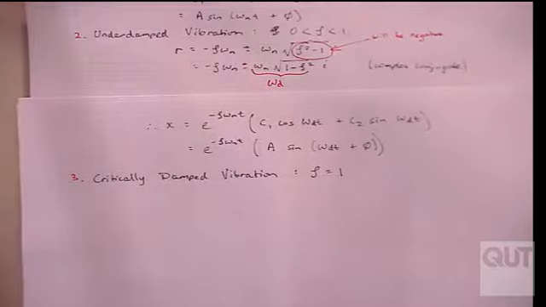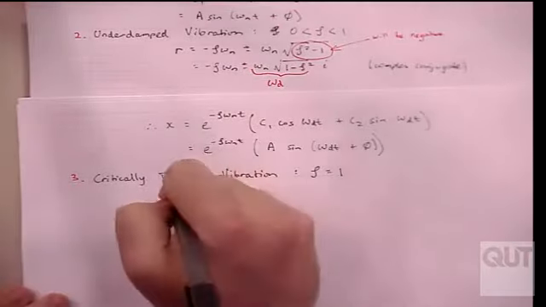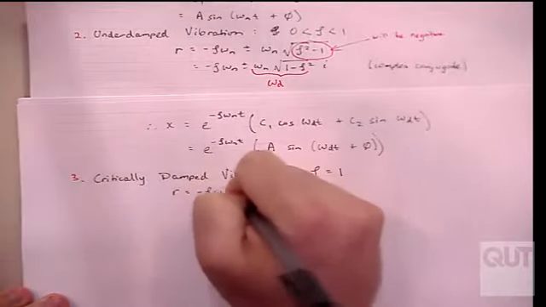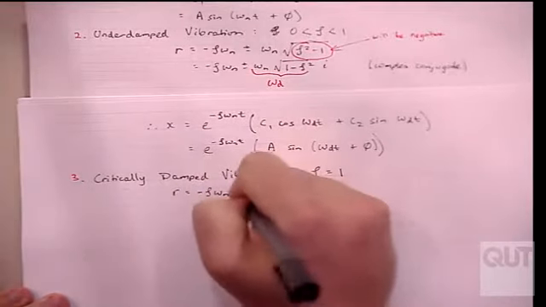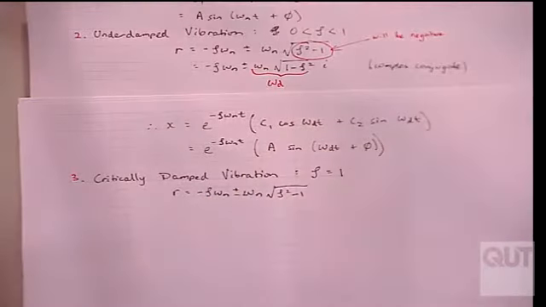So once again, we'll refer to the roots of our characteristic equation. Those were the roots to our characteristic equation for any value of damping ratio at all.